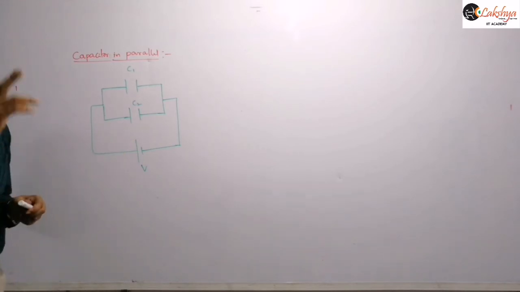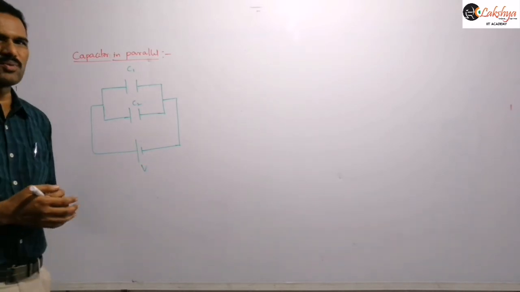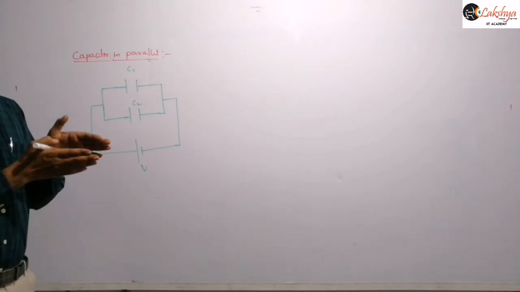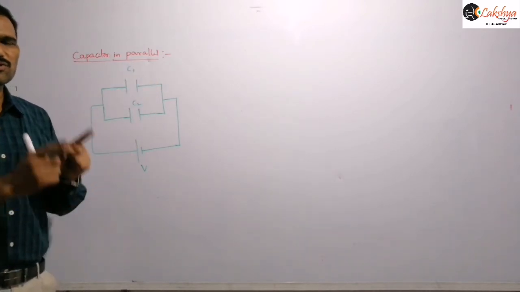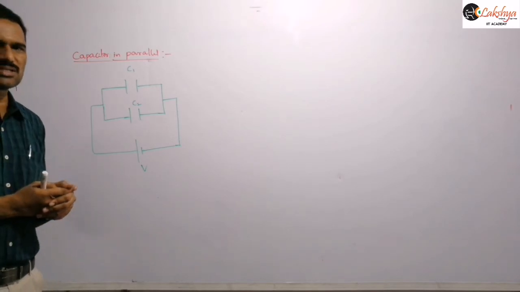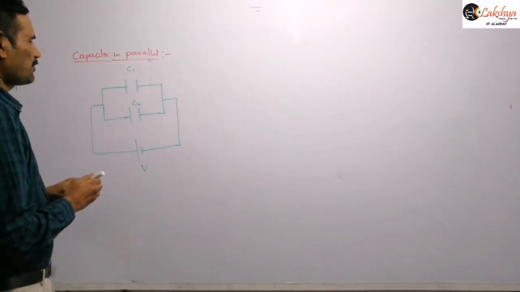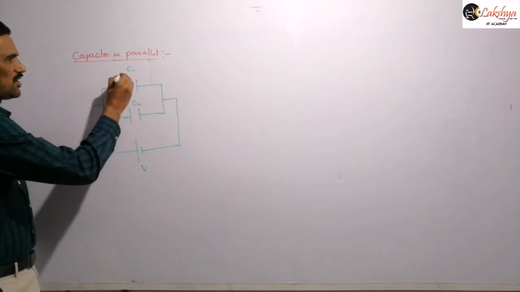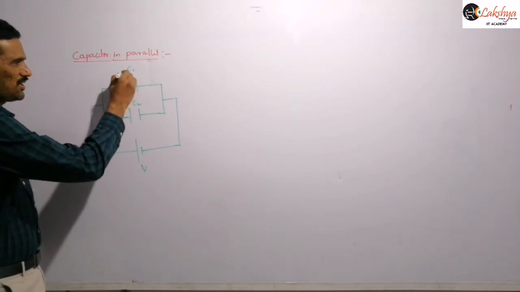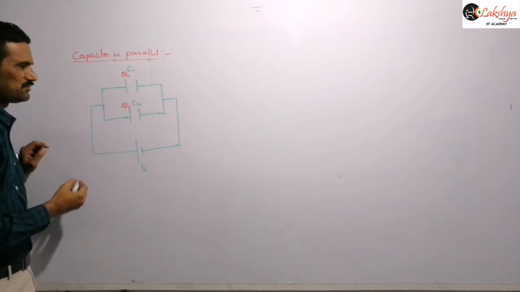That is the major difference you need to observe between series and parallel combinations. In parallel combinations charge may flow along different paths, but in series combination only a single path must exist for the charge flow. Since different paths are there, the charge may automatically be different along those paths. Here the charge on this capacitor I am taking as Q1, and the charge on this capacitor as Q2.